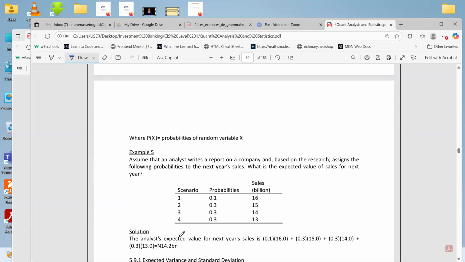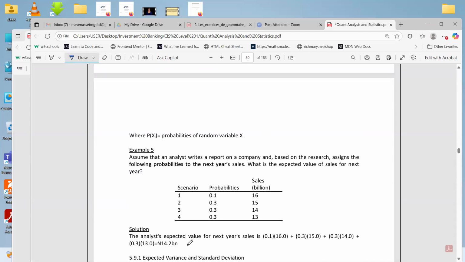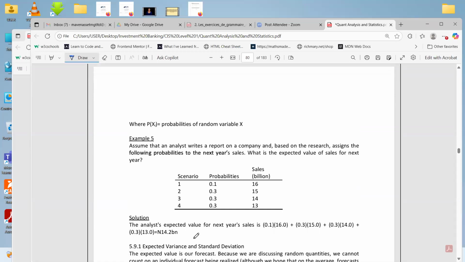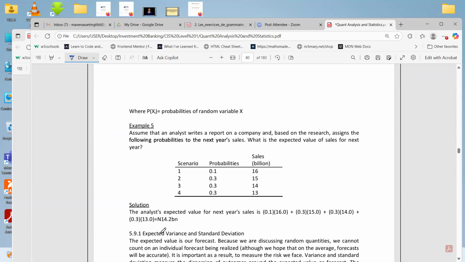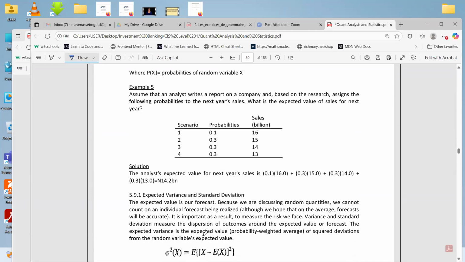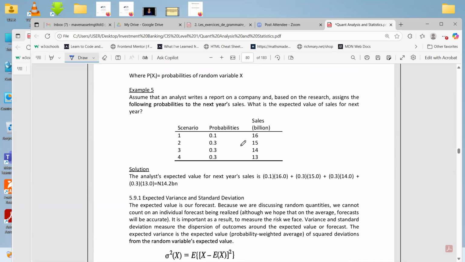All right, 14.2 billion. So that's how it works. Now, that leads us to a bit different concept, which is the expected variance and standard deviation. So when we have this expected variance and standard deviation, then we need to come back in here and address this like we do with all those ones we used to do.